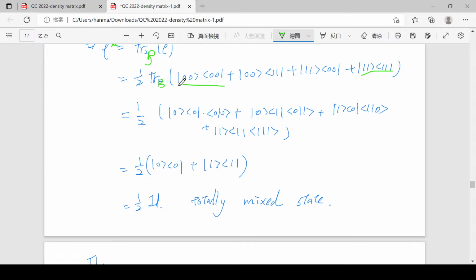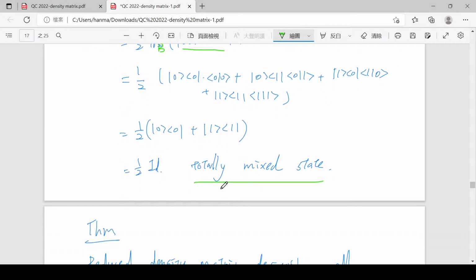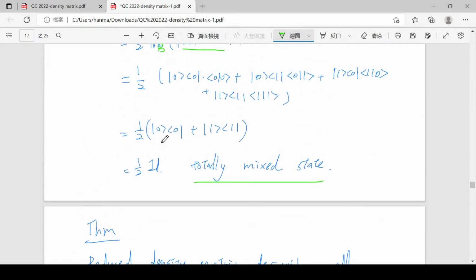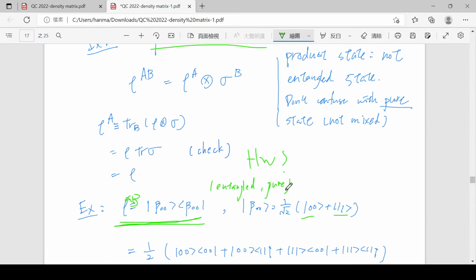So the only things that survive are this 0, 0 and this 1, 1. And it's a totally mixed state that we said before. It's 1/2 projected onto 0 and 1/2 projected onto 1. It's a totally mixed state.